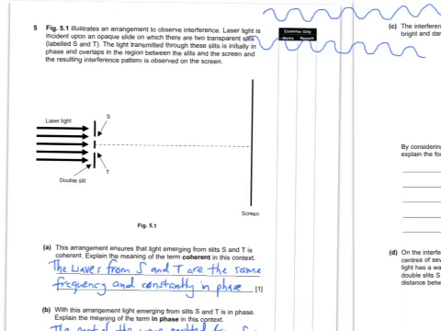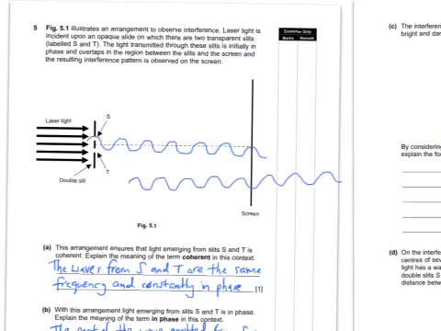Let's bring them down over here, and this is going to be our wave from S meeting the middle point here on the screen, and this is going to be our wave from T meeting our middle point on the screen as well.